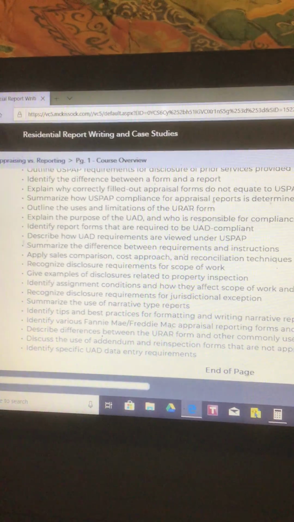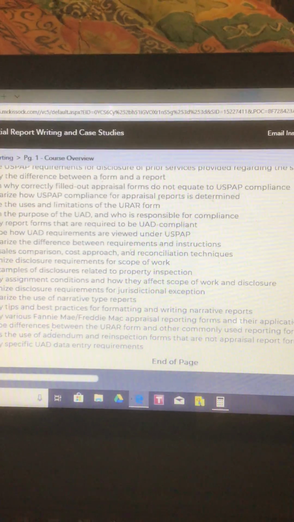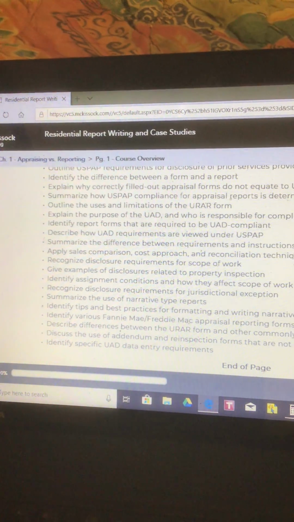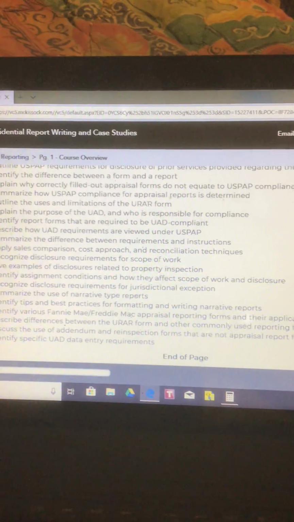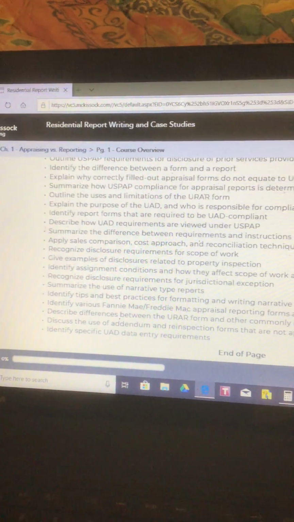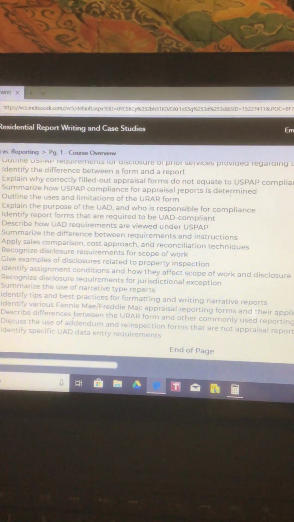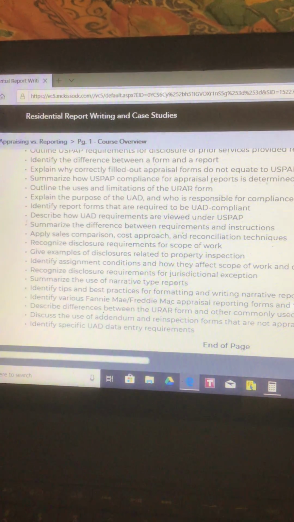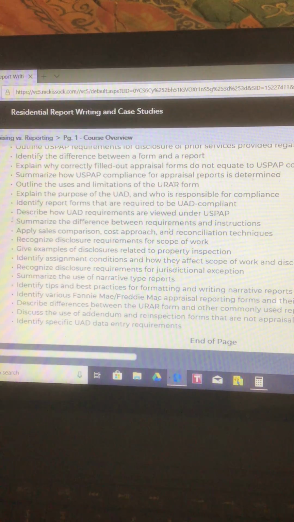Explain the purpose of the UAD and who is responsible for compliance. Identify report forms that are required to be UAD compliant. Describe how UAD requirements are viewed under USPAP. Summarize the difference between requirements and instructions.